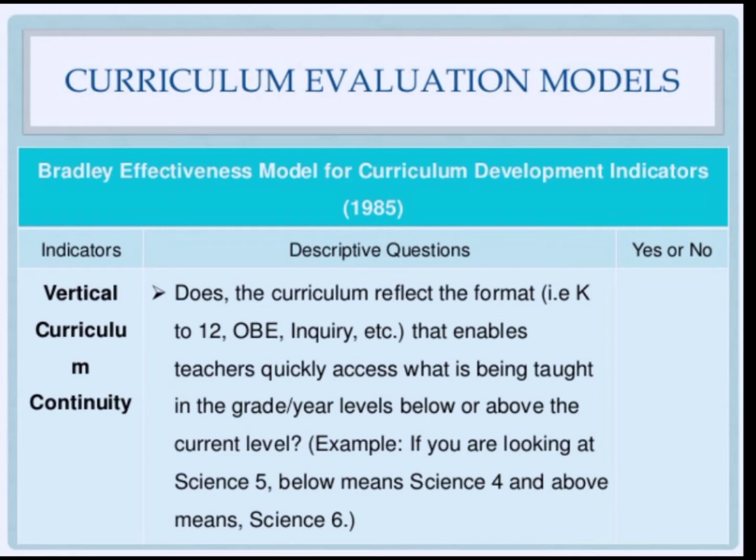This book provides indicators that can help to measure the effectiveness of developed or written curriculum. In this model, there are four tables of indicators. This is an example of the Bradley Effectiveness Model.